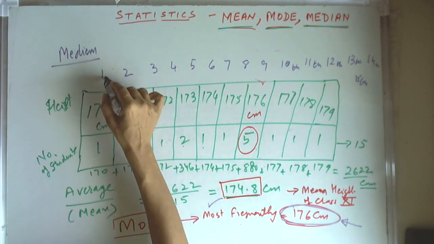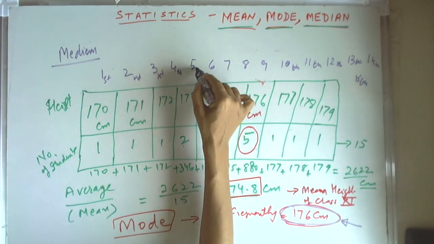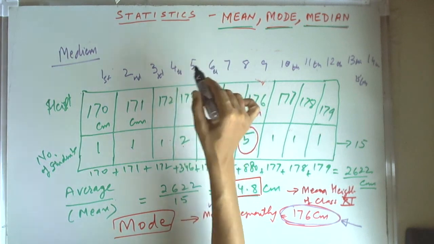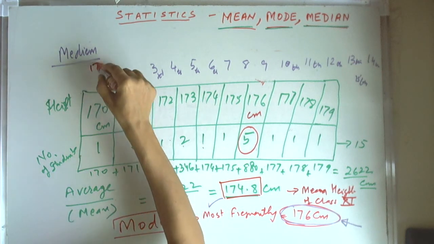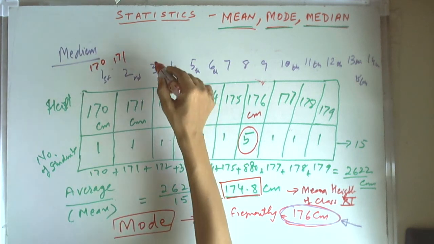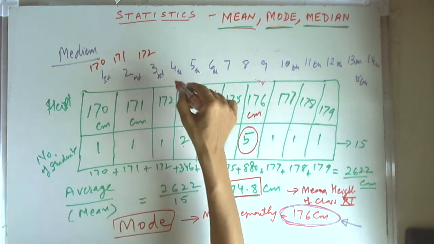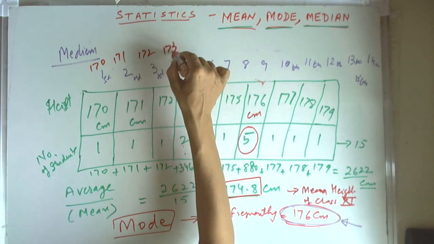So this is first, second, third, fourth, fifth, sixth. First one, what was the height? 171. Sorry, first is 170. Second one, 171. Third, 172. Fourth is here, 173.